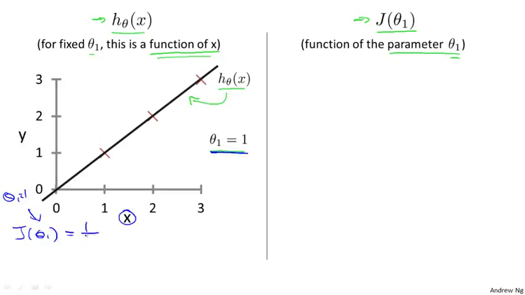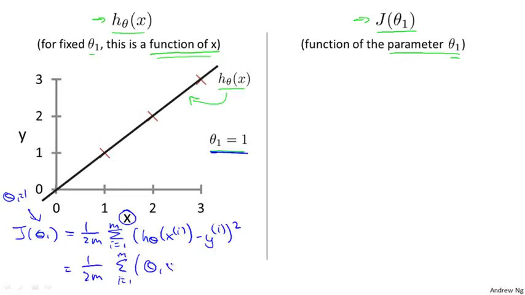Well, as usual, my cost function is defined as follows: the sum over my training set of this usual squared error term, of theta 1 xi minus yi. And if you simplify, this turns out to be 0 squared plus 0 squared plus 0 squared, which is, of course, just equal to 0.